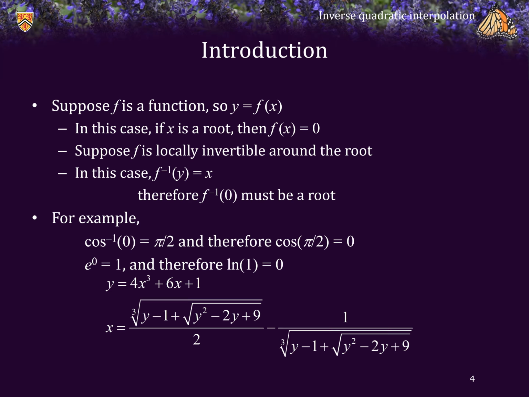Consequently, if we were to evaluate this at y is equal to 0, so substitute y everywhere within this expression, we get that a root of the original cubic polynomial must therefore be the cube root of 2 over 2 minus 1 over the cube root of 2. And you are welcome to substitute that value into the polynomial 4x cubed plus 6x plus 1, and you will see that this indeed does equal 0.